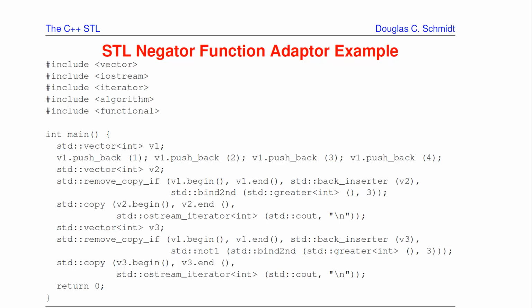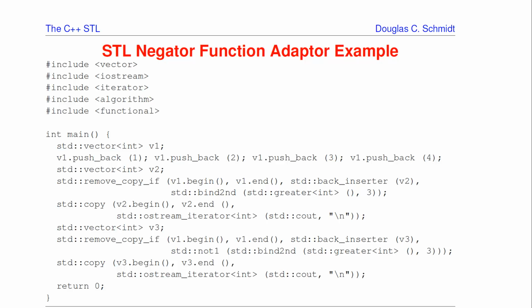So here's the negator. All I was trying to say is we already have a binder that does something, and now we want it to do the opposite. And so rather than rewriting the algorithm, instead we simply negate this expression. Now what's really going on here is kind of cool. Greater is a functor. The binder is creating an anonymous functor that holds an instance of the greater functor and a constant.